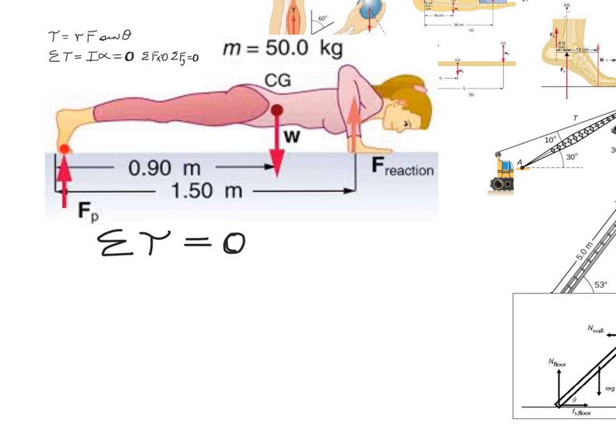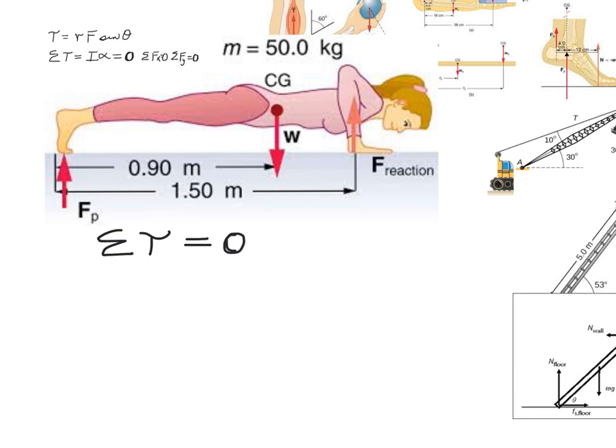Why? Because then this torque will be 0, and if this is our axis, this will be a negative torque and this will be a positive torque, and those two torques will have to be equal and opposite, and we can get the answer we want.